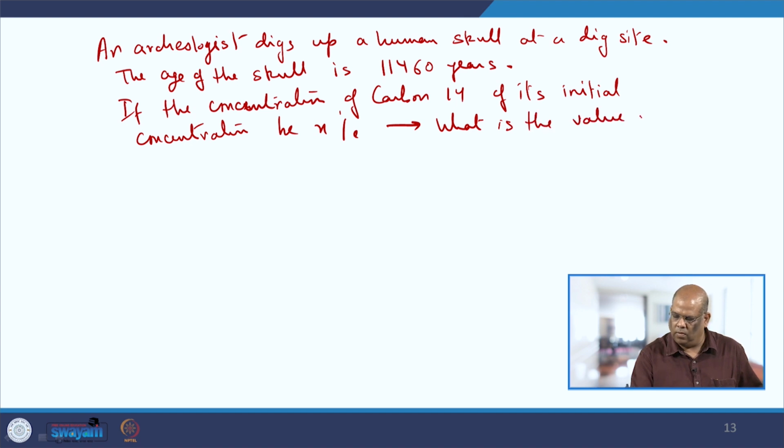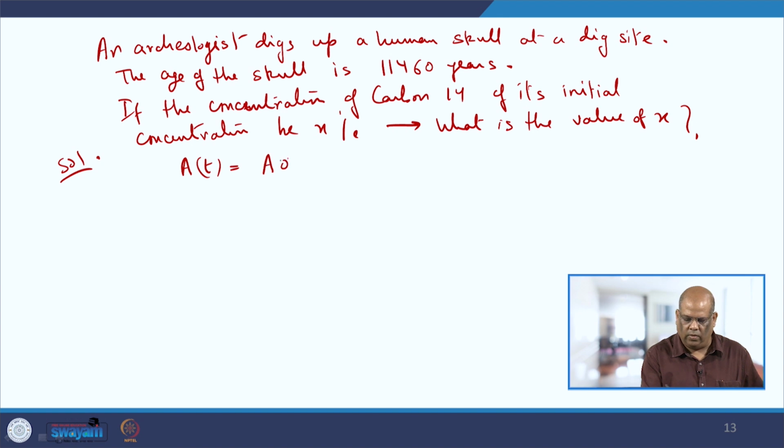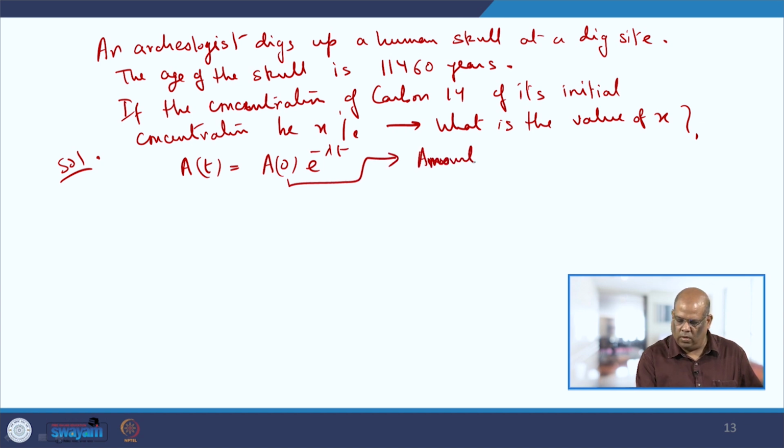So, our governing equation is A(t) is equal to A0 e to the power minus lambda t, where A0 is the amount of C14 present in the skull when it was discovered.